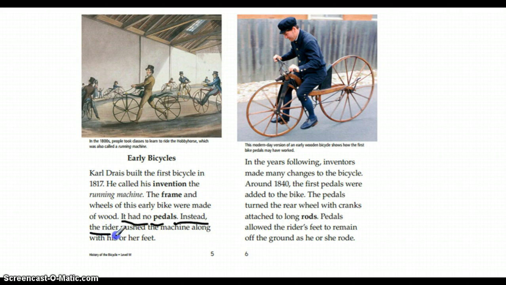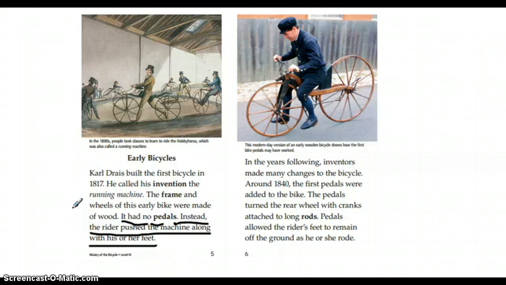So the way that I can say this in my own words is that the first bicycle had no pedals, but the rider had to use his or her own feet to push the bicycle along. As you can see, I didn't repeat the same words, but I spun it into my own way of saying it.